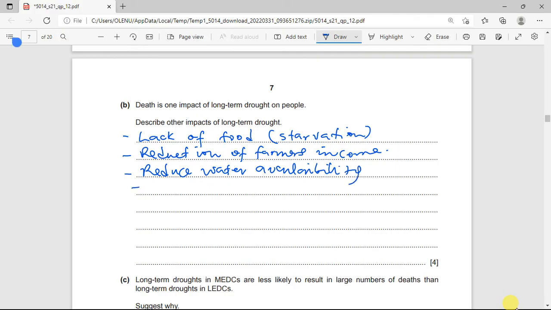Drought will also lead to forced migration. People will tend to leave. Droughts can also lead to an increase in wildfire, because most of the vegetation is dry.